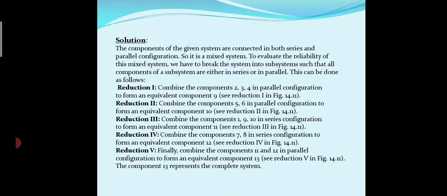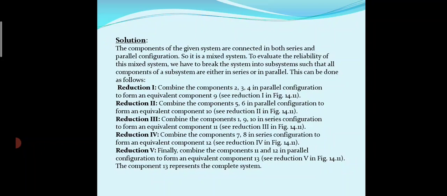The next reduction is to combine components 5 and 6 in parallel configuration to form an equivalent component 10. The third reduction is to combine component 1 and 9, 10 in series configuration to form an equivalent component 11. The fourth reduction is to combine components 7, 8 in series configuration to form an equivalent component 12.